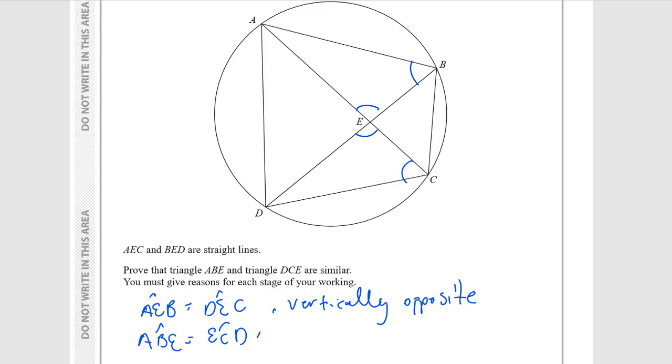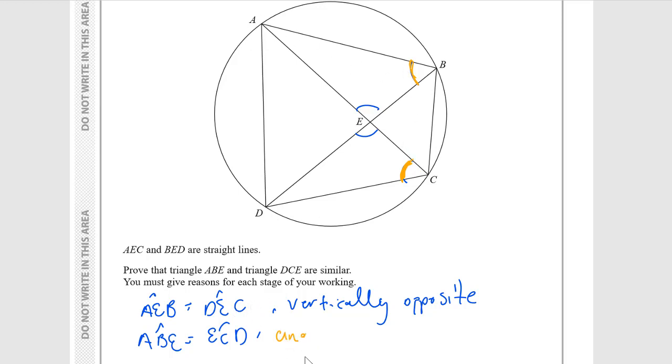Maybe a different color will be better. So these are going to be equal angles because they come from the same point. So remember your circle theorem. Because they originate from the same 2 points, these are the same.